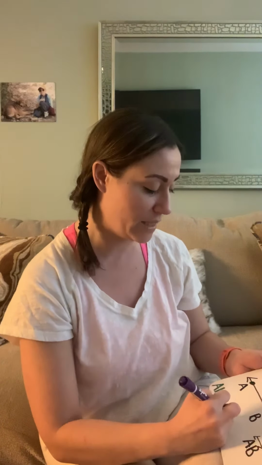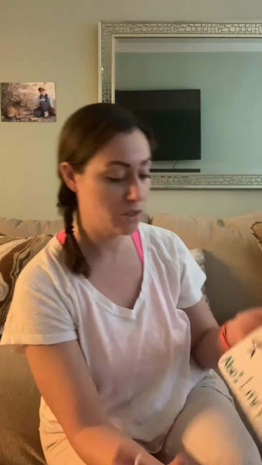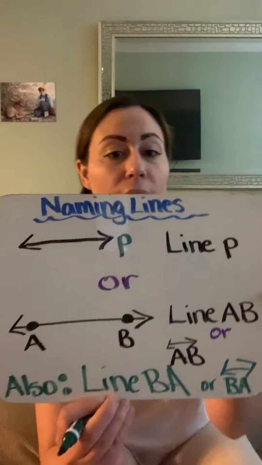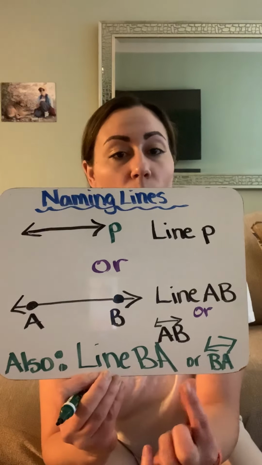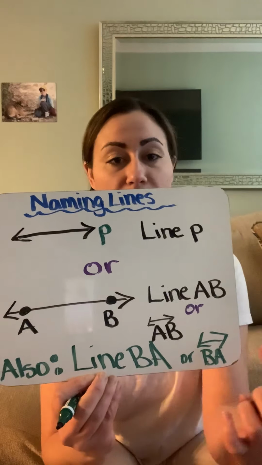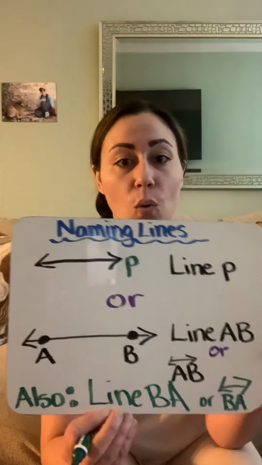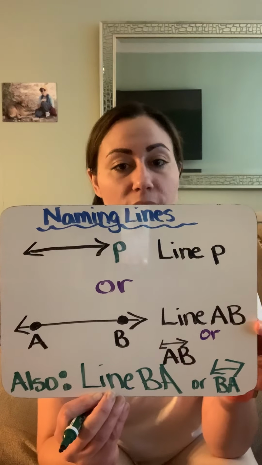So I could also say line BA, or make the small line on top and write BA underneath. So it can be AB or BA. The order doesn't matter when you're naming lines.